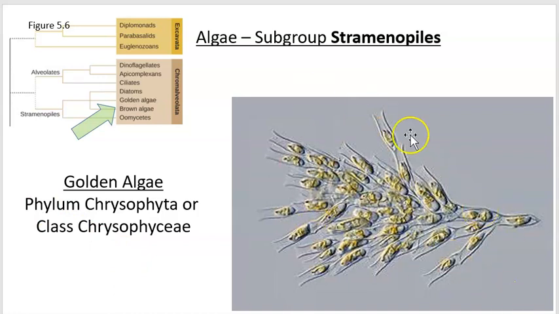Again, they have chlorophyll A, that green pigment, but these guys have more of this golden pigment. And we're going to find them in freshwater primarily. If you look closely, you can see they've actually got two specialized flagella. So these are single cells that'll be swimming around.